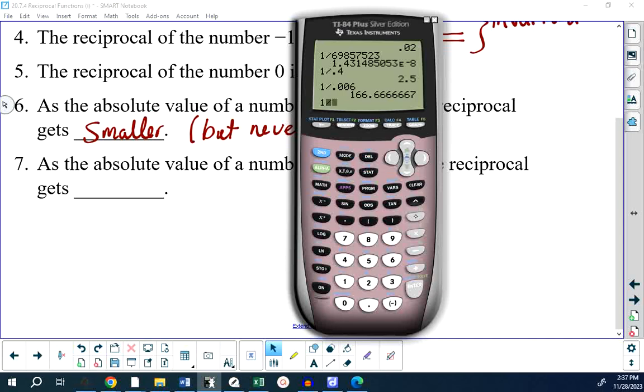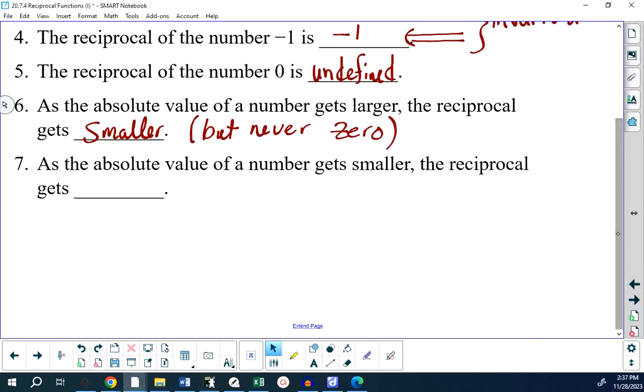What's the reciprocal of that? Well, it's getting bigger and bigger. So as the number gets larger, the reciprocal gets smaller. As the number gets smaller, the reciprocal gets larger. But, I don't even know that there's a but here.